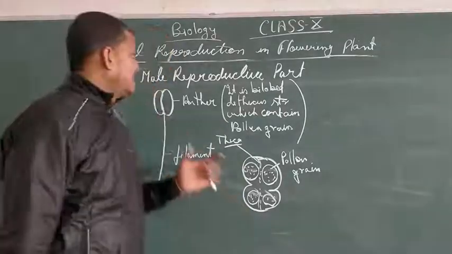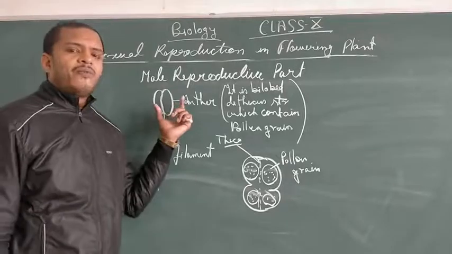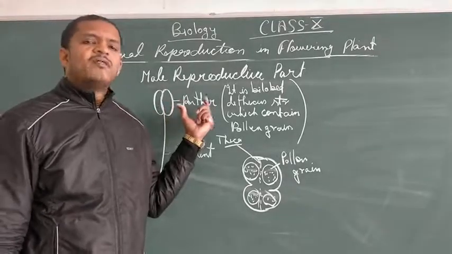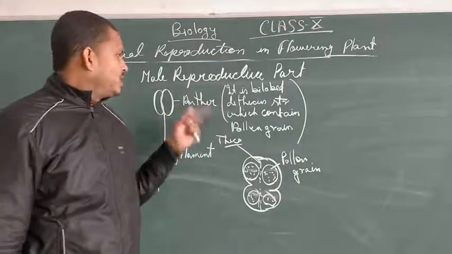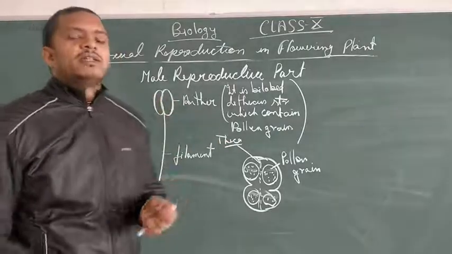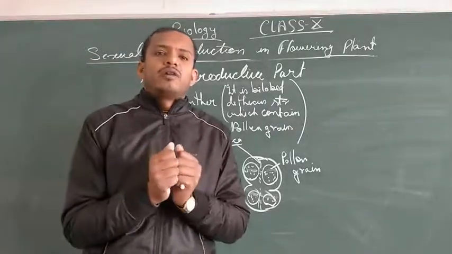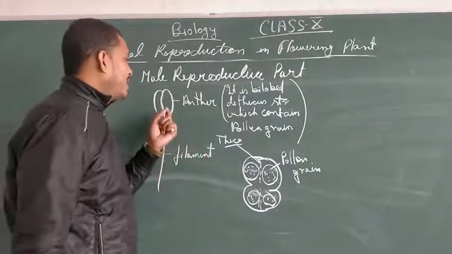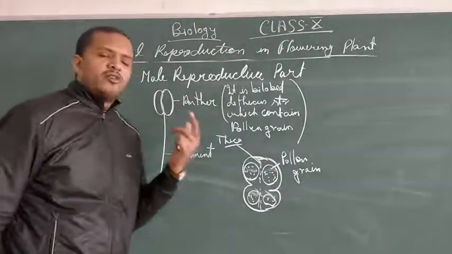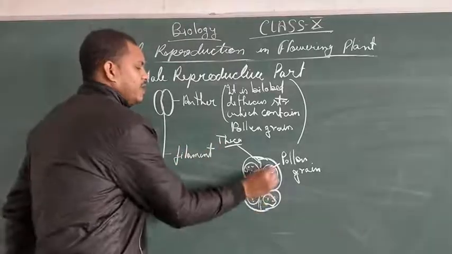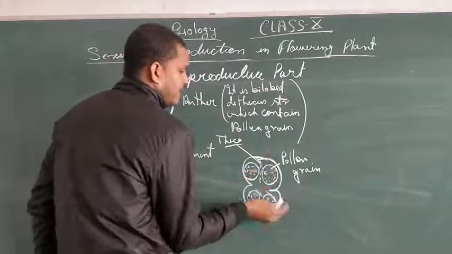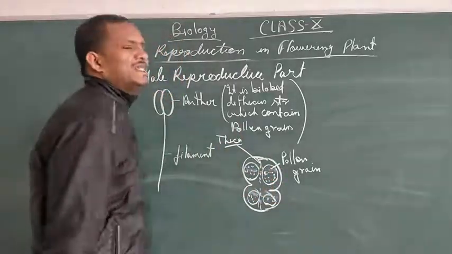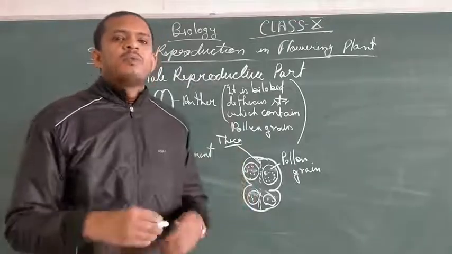Now what happens? When this anther matures, the wall of the anther dehisces or ruptures. When it dehisces and ruptures, the mature pollen grains present inside the anther come out.